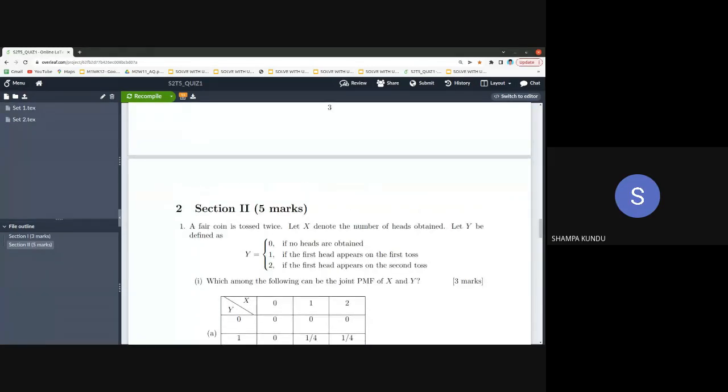I attempted the question and made the joint PMF table, but for the second question I have a doubt. See, I'm not discussing the table or anything. What is Y? If you understand Y properly, there is no need of computing.